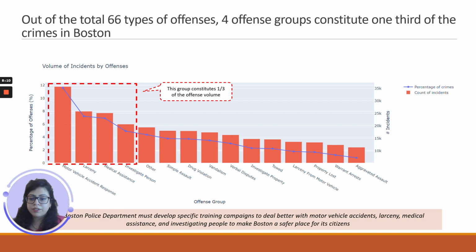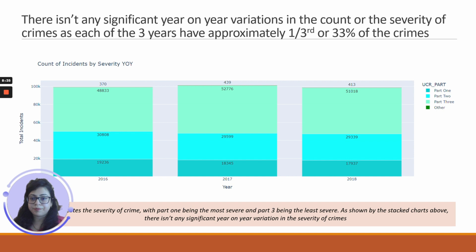All right, now comes the insights part. As you can see here, we have motor vehicle, larceny, medical assistance, and these are the top crimes. Like one third of the total offenses are constituted by these four crimes. So our recommendation was that the Boston Police Department should develop proper strategies to tackle these, because these are the top crimes that are happening.